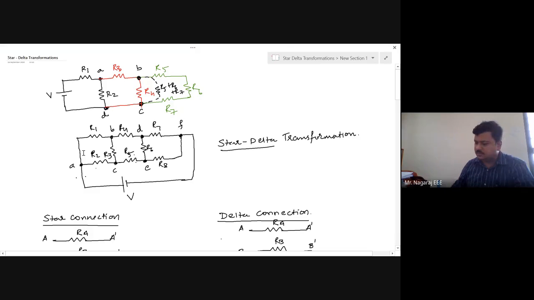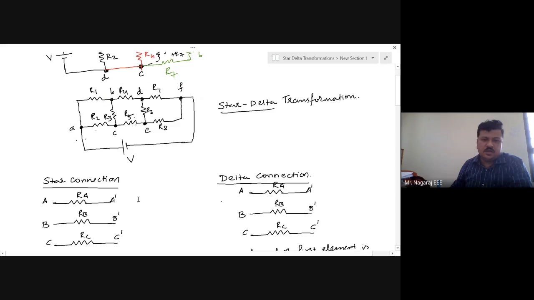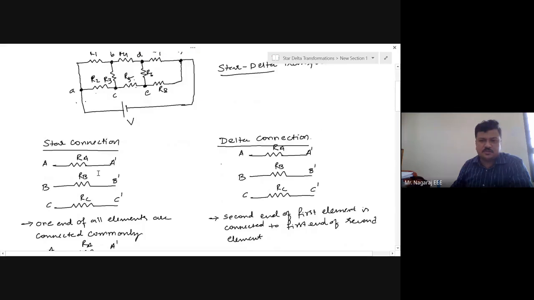This circuit cannot be reduced directly, and we can't take a parallel or series combination of any two resistors directly without the star-delta transformation technique. We also saw how a delta connection and a star connection are obtained.